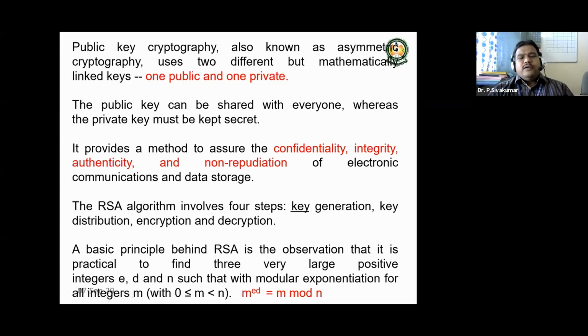Once again we review public key cryptography. Public key cryptography, also known as asymmetric cryptography, uses two different keys. It provides assurance of confidentiality, integrity, authenticity, and non-repudiation of electronic communication and data storage.